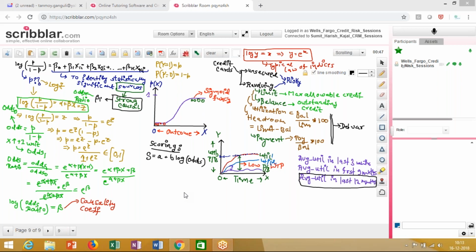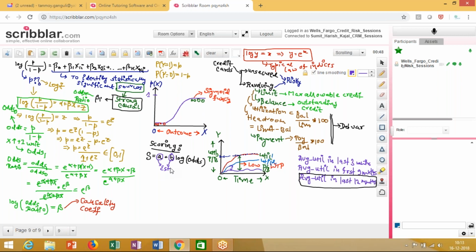Yes, Tanmay. Perfect. So this is the way we generally score. Our objective over here is to estimate the values of A and B. Now the problem over here is that there are two unknown parameters which we need to estimate, but we just have one single equation.